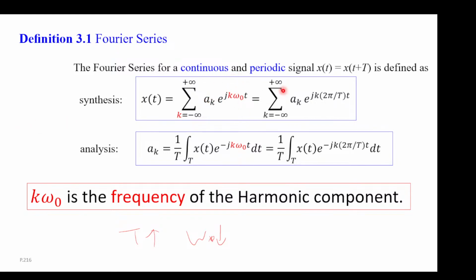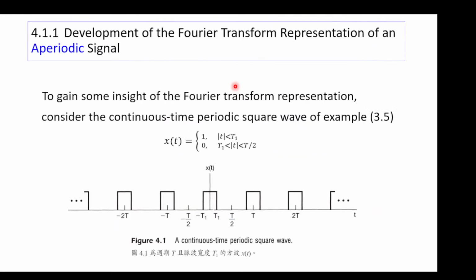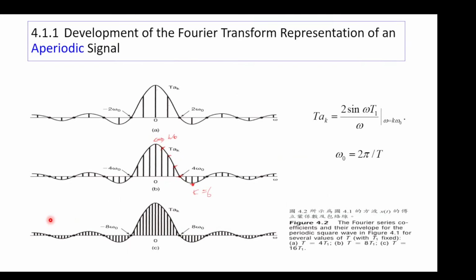We will see that when big T goes larger and larger, we are sampling those frequency components on a finer and finer grid, and as T goes to infinity, we are basically sampling every omega point, and this T a_k will represent every frequency component of our aperiodic signal.